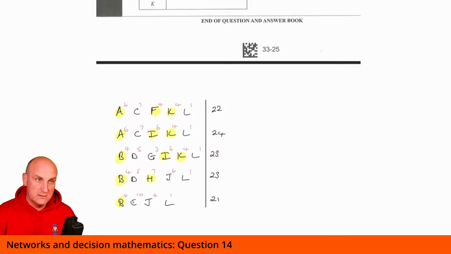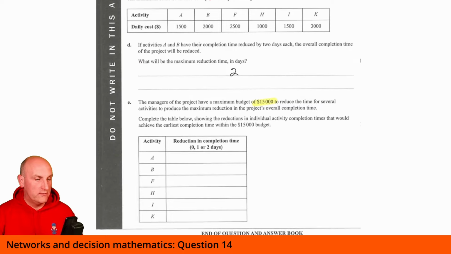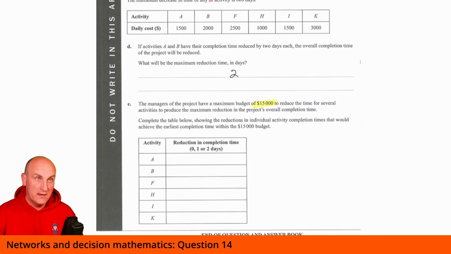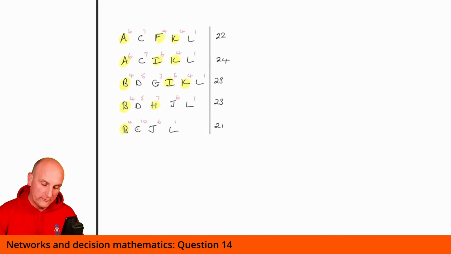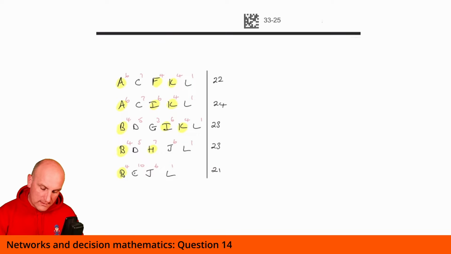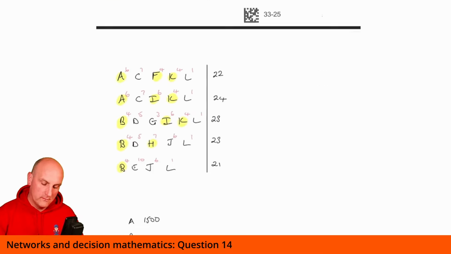What I'm probably going to do is scroll down and see if I can actually find the values. So A is 1,500, B is 2,000.